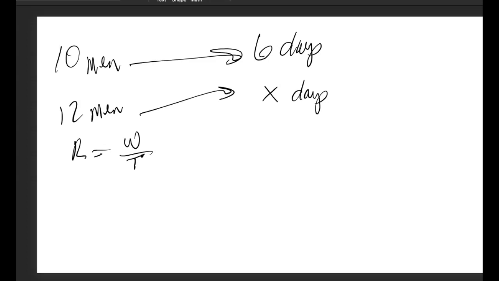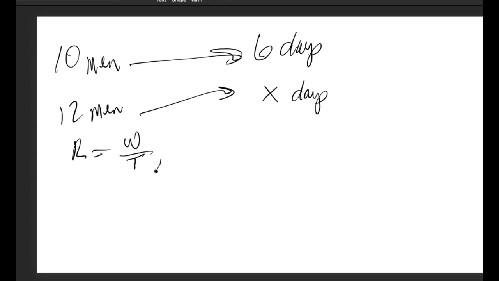So the task here is, I don't remember if they even said what the task was. I think they said, what did they say? Build a fence? I can't remember what it was, but it was a task.